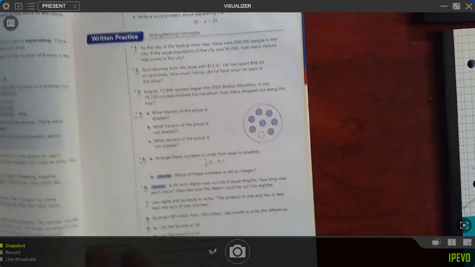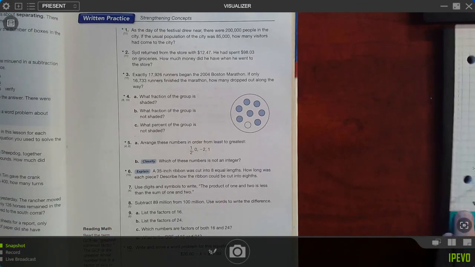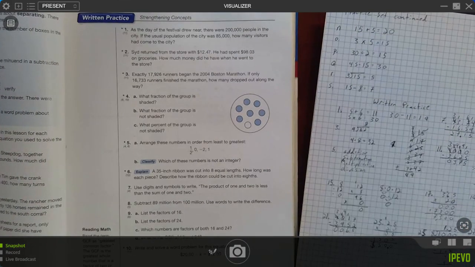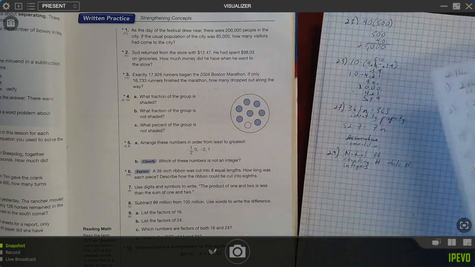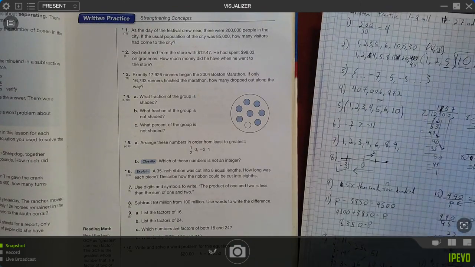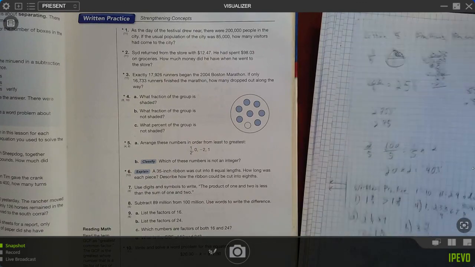Okay, for the written practice, I think we should start off the week with a little bit more review, especially because the actual stuff here is pretty easy.